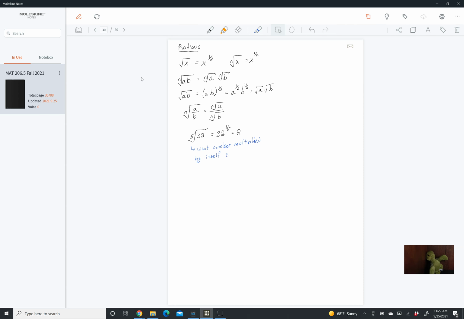So a little bit of vocabulary here. If we have the nth root of x, the n over here is referred to as the index. So this is the index.